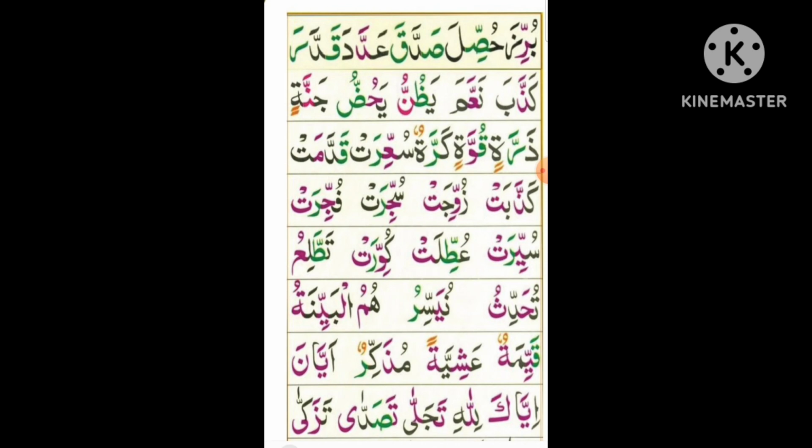Then you have iyak. Many people make mistakes in this. They say iyak. It is not iyak. It is iyak. There should be a duplication of the ya and it should be clear. Then you have lillahi, tajalla. You can see that lam has a khada zabar, the standing zabar over it.